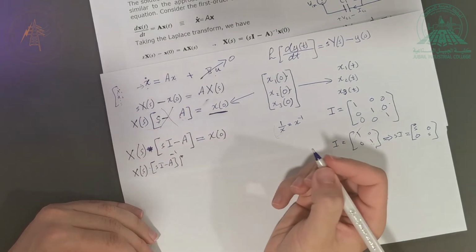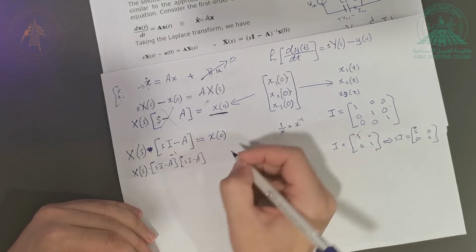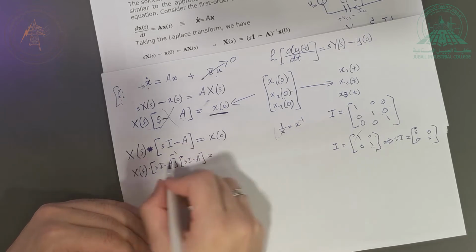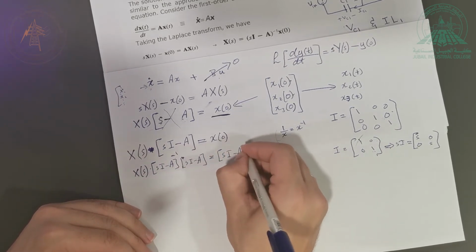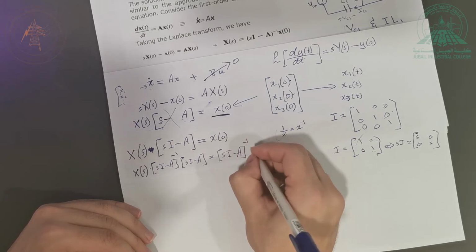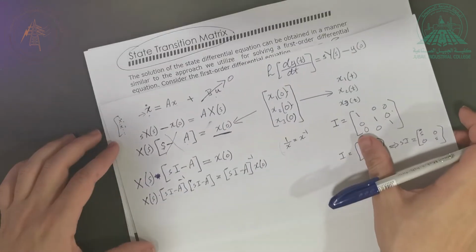And here I have (sI minus A) inverse multiplied by x of 0, same order. This was on the left. So what does that give me?